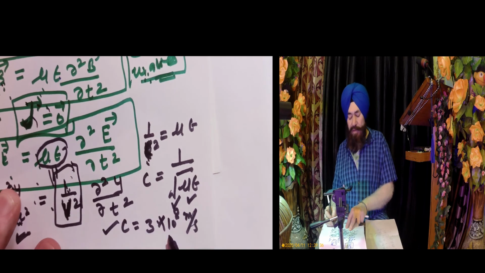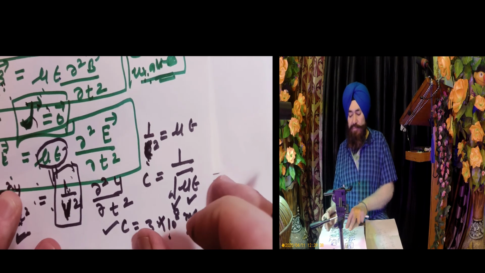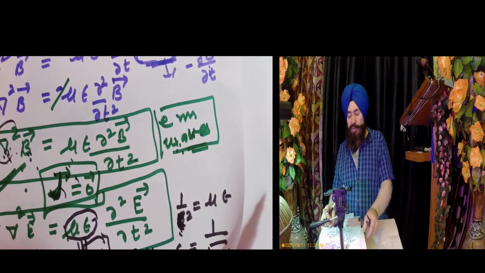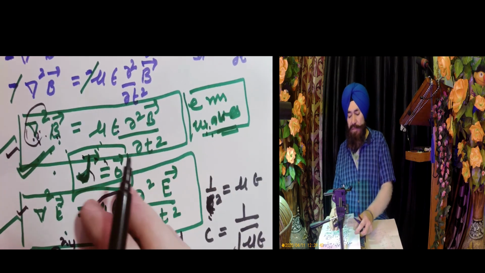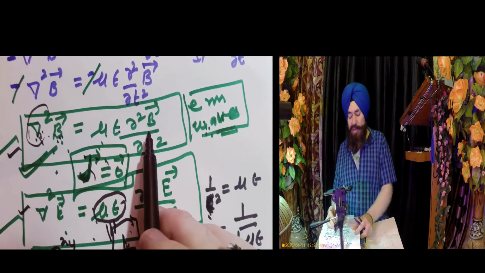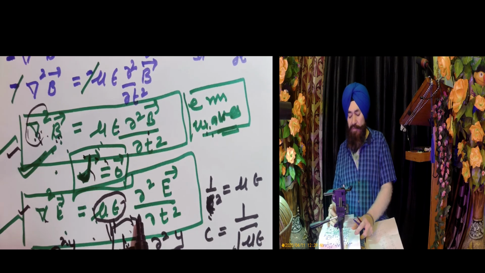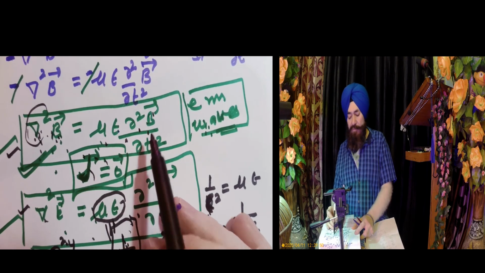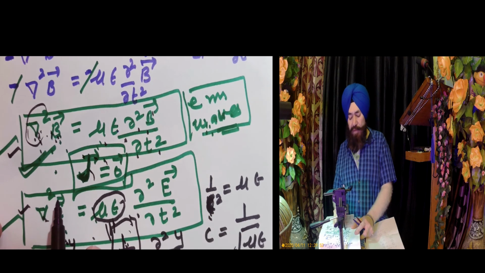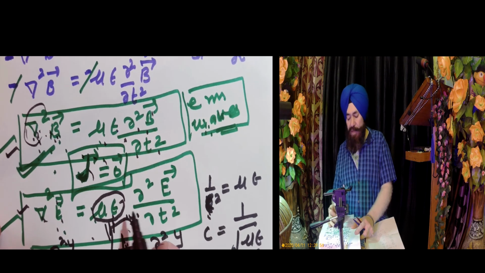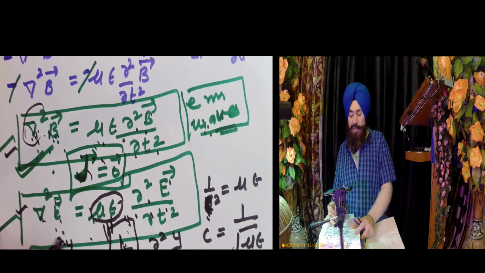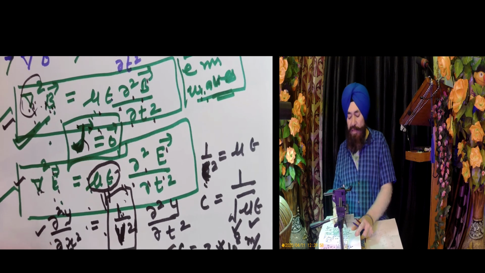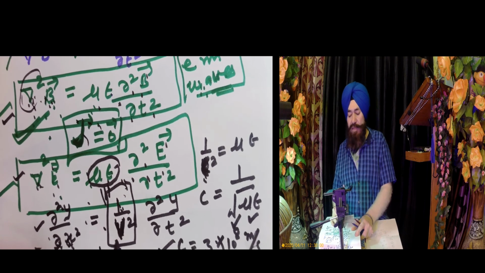Okay, that is the velocity of light. You remember the two equations, magnetic field equation and electric field equation: del square B vector is mu epsilon curly 2 B over curly t square, del square E is mu epsilon curly 2 E over curly t square. It's like the general wave equation.